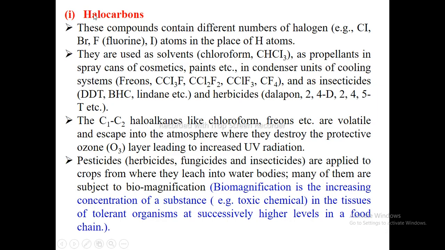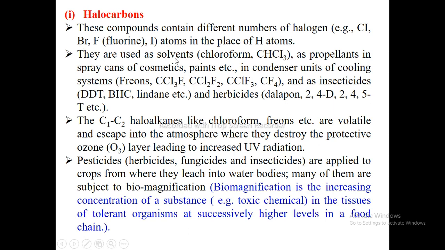So first of all, let's see what halocarbons are, which are xenobiotic. These compounds contain different numbers of halogens, which can be chlorine, bromine, fluorine, or iodine atoms, in place of hydrogen atoms. So hydrocarbons where hydrogen atoms are replaced by halogen atoms are known as halocarbons.